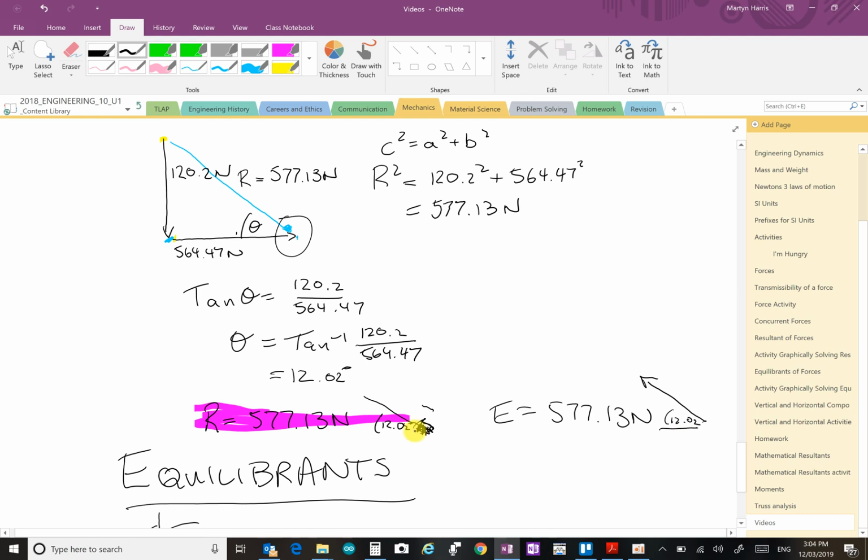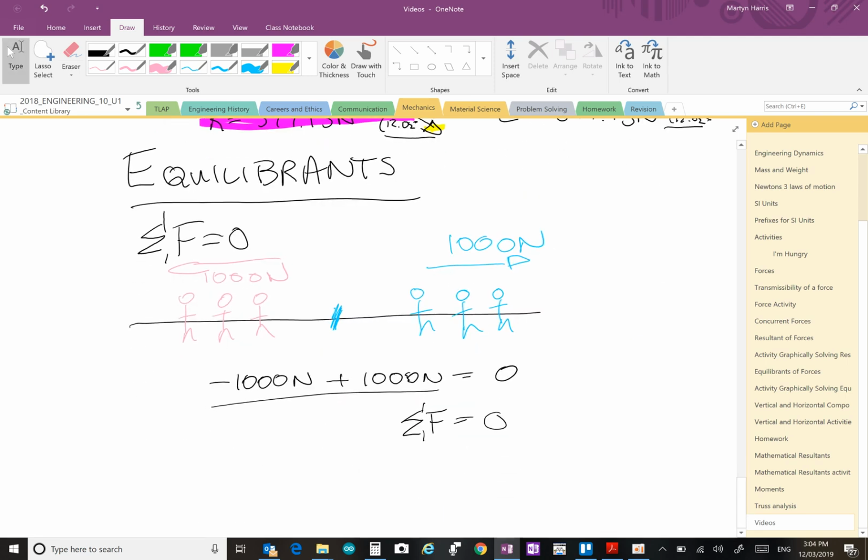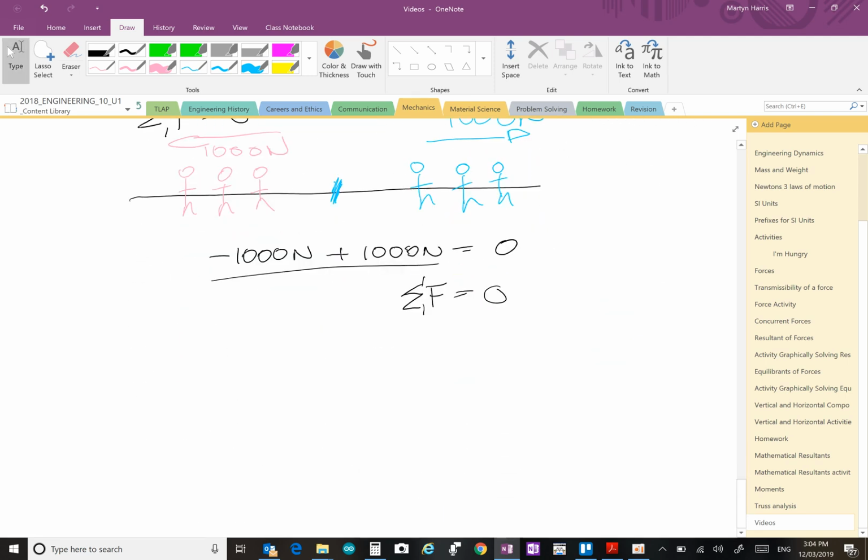The only thing that's changed here, sorry, I've made a bit of a mess of this arrow, so I'll draw it in again. The only thing that's changed is the sense. What's the sense? Well, we've spoken about that before. That's in a vector. That's the sense. So the only thing that's happened is the sense, and that will bring this force system back to zero, similar to the way it's done here with this force.